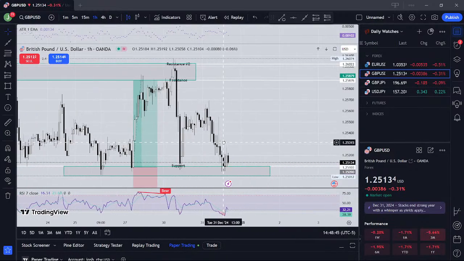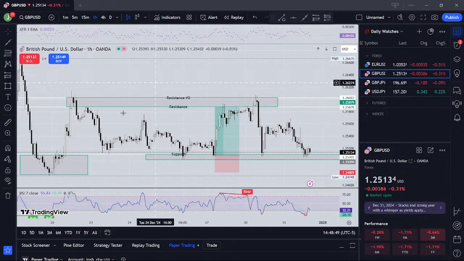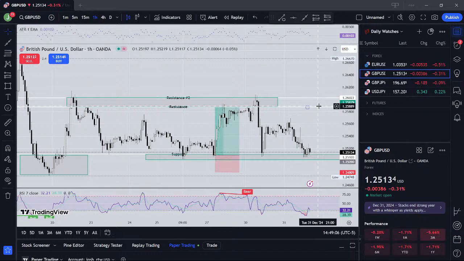But I strongly feel that because of this range from the 20th, let me say from the Sunday by 5 p.m., from here, I feel the market is going to go up back to this resistance, then might push back down. It just depends on the fundamental news.